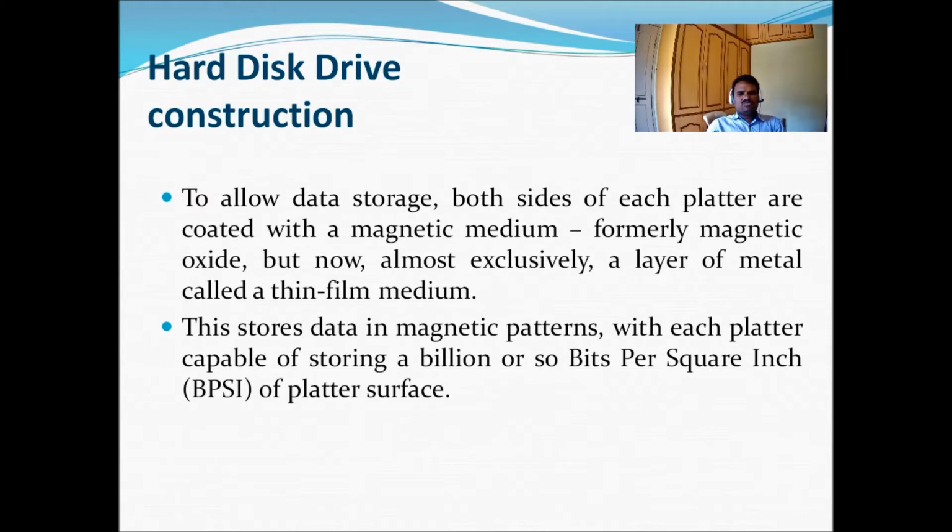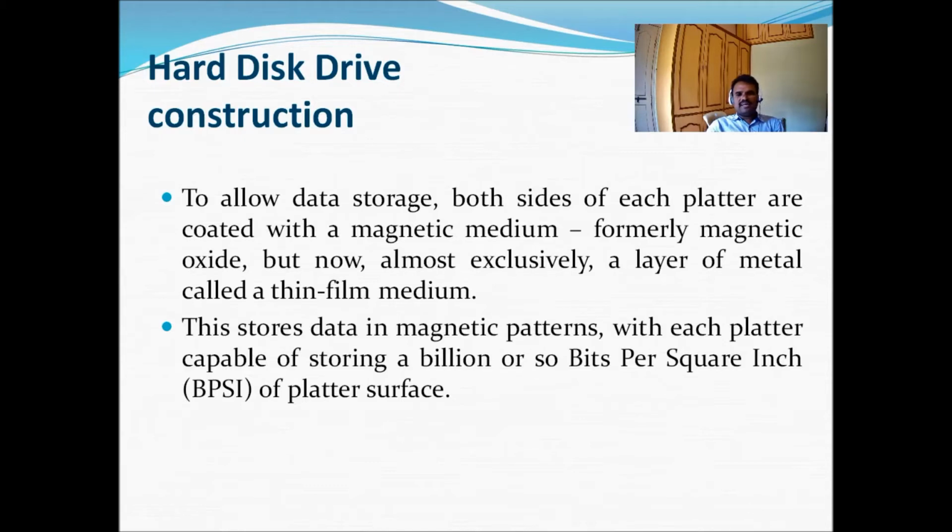To allow data storage, both sides of each platter are coated with a magnetic medium. Formerly, magnetic oxide was coated on these platters, but now almost exclusively a layer of metal called a thin film medium is being used as a storage medium on this platter.